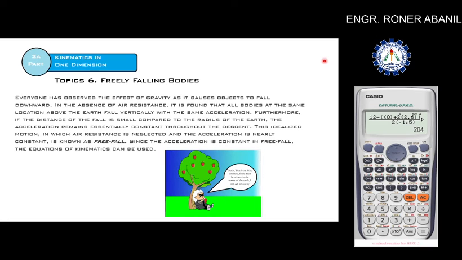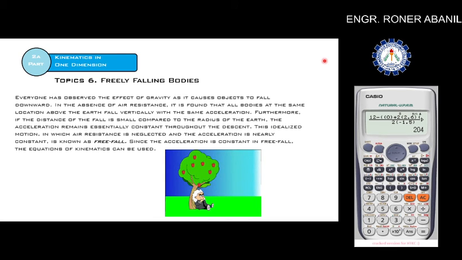So, dahil constant yung acceleration dito, pwede nating gamitin yung equation ng kinematics. Okay? Sabi kasi nila, nakita nila ito sa experiment ni Galileo Galilei dati, no? Na meron kang isang kilong bato and isang kilong feathers. So tiningnan niya pag nilaglag niya to sa Tower of Pisa, sino yung unang babagsak?